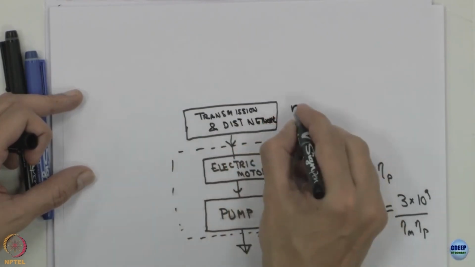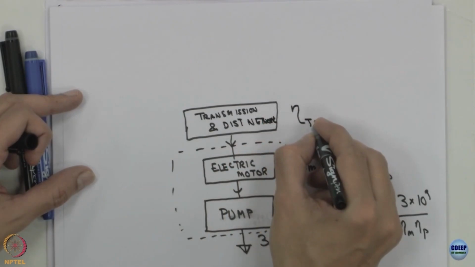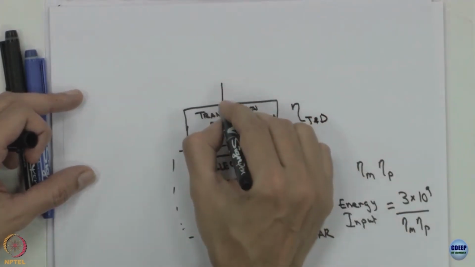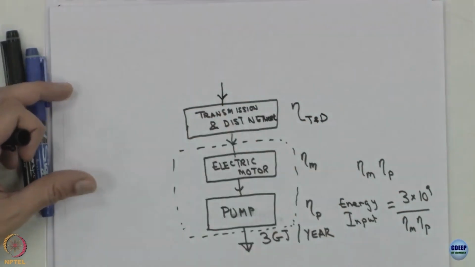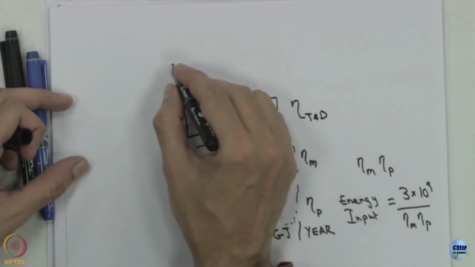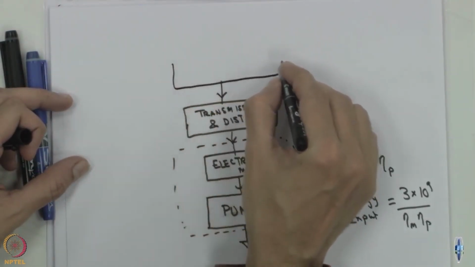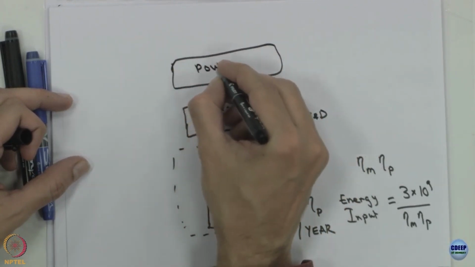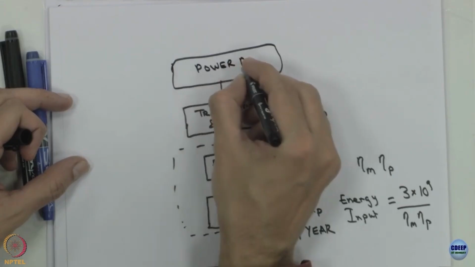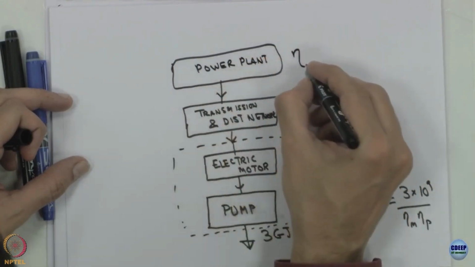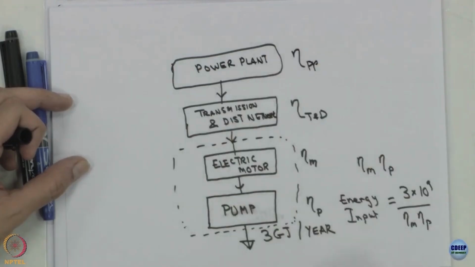And this will also have another efficiency, eta T and D. This is the secondary energy that we are getting, and before this we have the power plant, eta power plant.